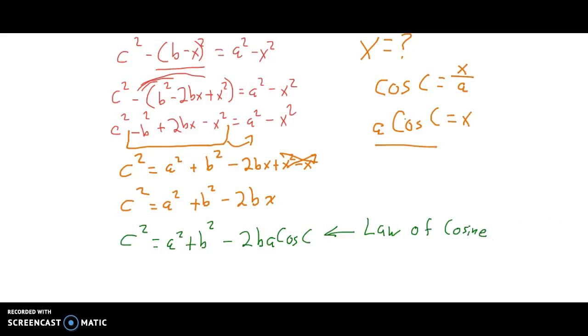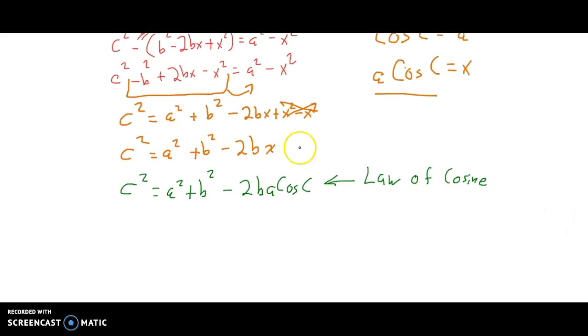This law of cosines now allows us to solve for those other cases. If we have a couple sides and an angle, we can now solve using this, or if we're trying to find a missing side length, we can find it using the law of cosines. There are different ways you might see this written out. You might see it as a squared equals b squared plus c squared minus 2bc cos of a.